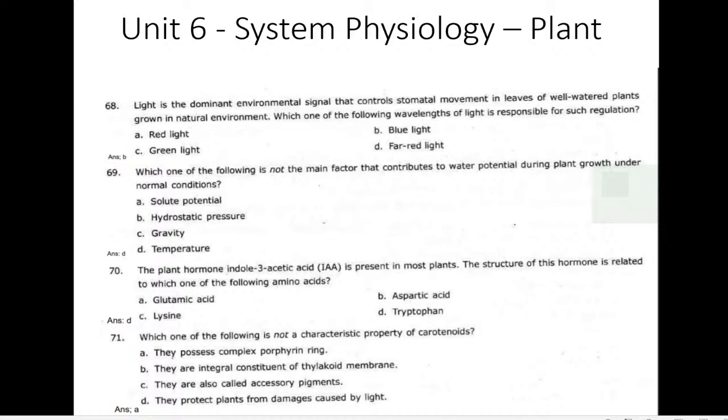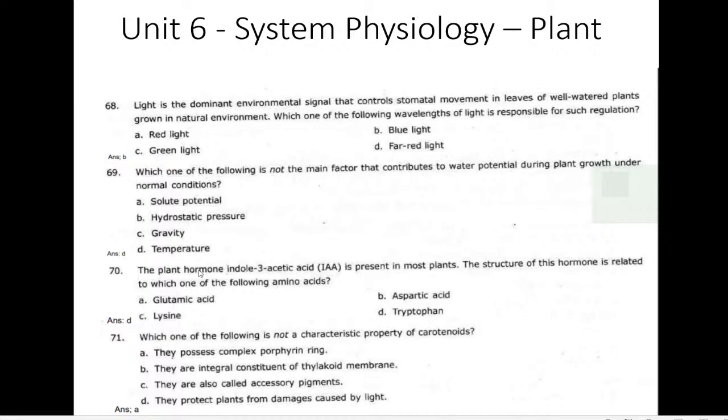Then another question: the plant hormone indole acetic acid is present in most plants. Okay, we all know this. The structure of the hormone is related to which one of the following amino acids?